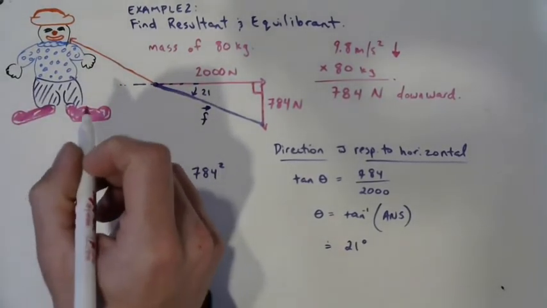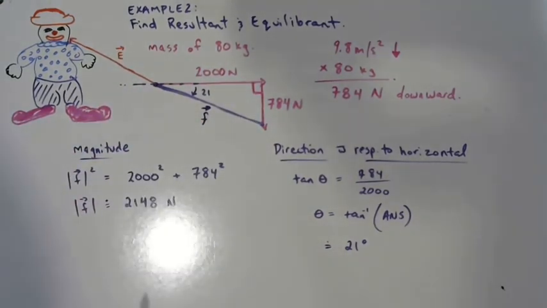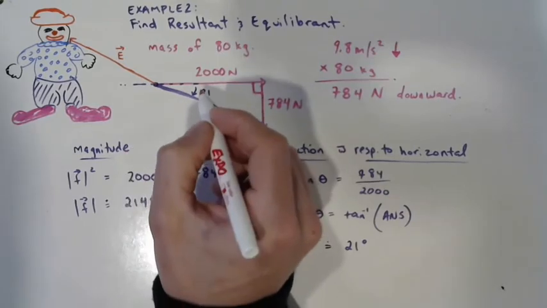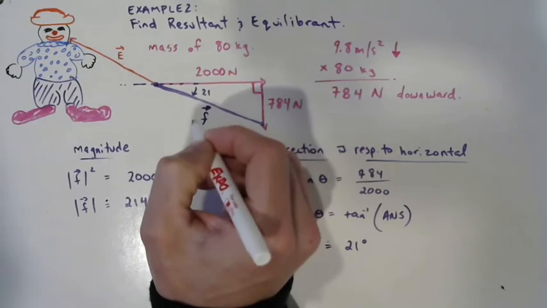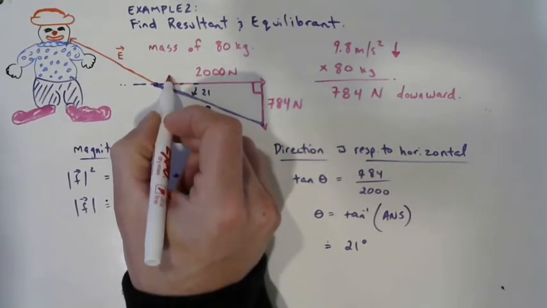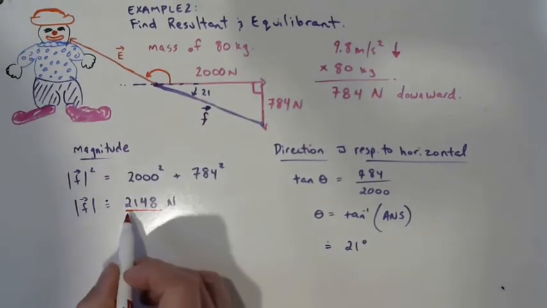That is going to be our equilibrium vector. From the horizontal, we know this is 21 degrees clockwise below the horizontal, and the magnitude is going to be the same here, 2148.